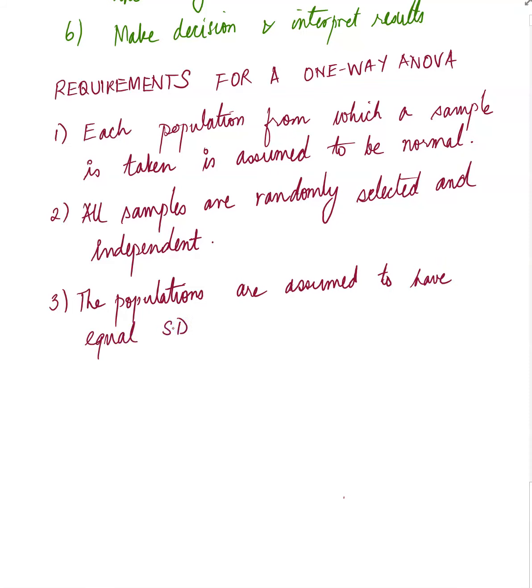You know, standard deviation, when you square it, you get variance. That's why we say standard deviations or variances. For the factor, remember the factor is the independent variable. That must be a categorical variable. Categorical is qualitative.